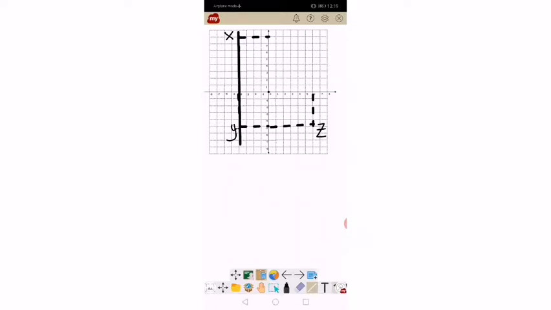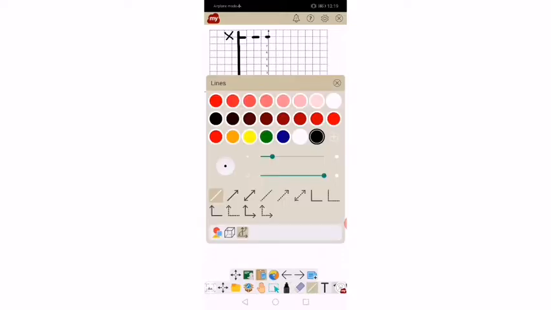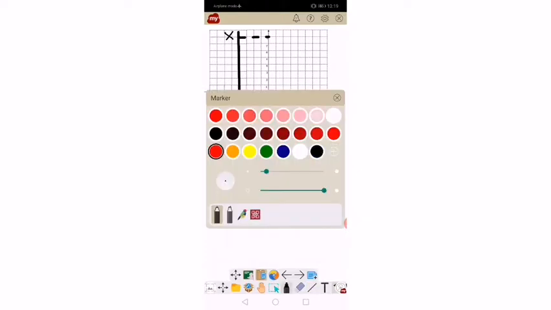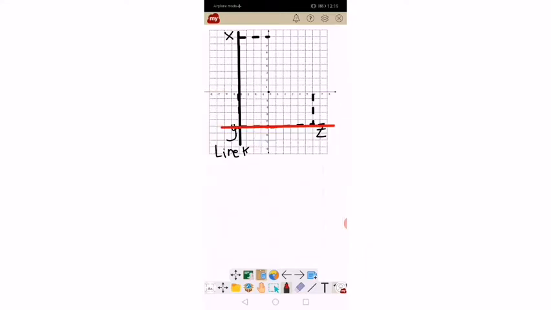So we can say that this one is line K. And then after that line L that passes through point Y and Z, I will change to another color. Okay, so this is the red line, we call it line L ya, namanya line L.